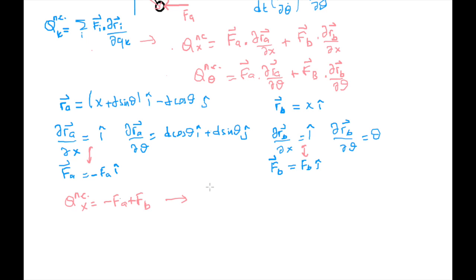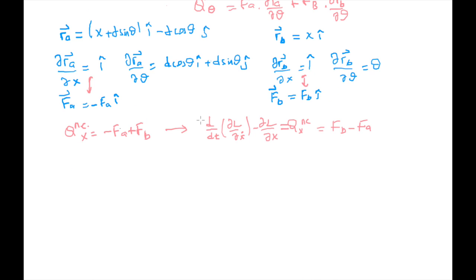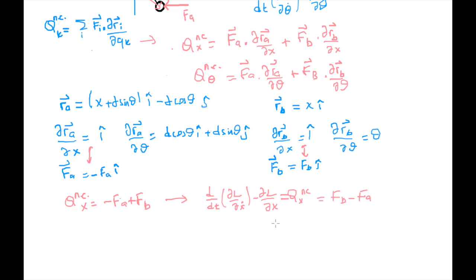Then from here I can write d by dt of partial L partial x dot minus partial L partial x. Now this part we have calculated in part A above, and it is going to be Qx non-conservative, and in this case it is simply Fb minus Fa. And it makes sense because Fb is trying to increase the x and Fa is trying to decrease the x as well. So like Fb minus Fa.